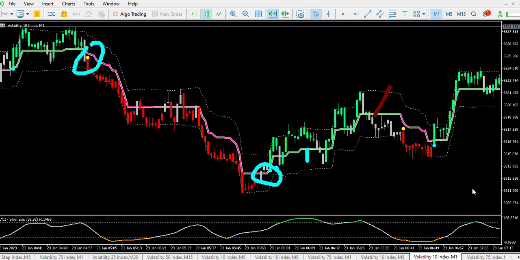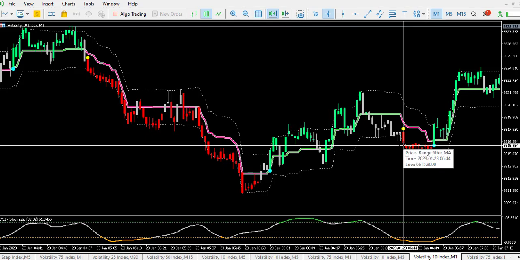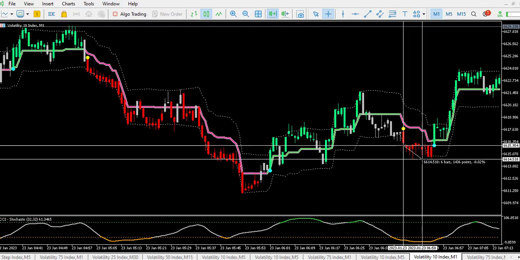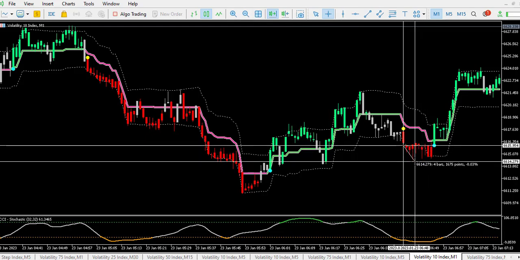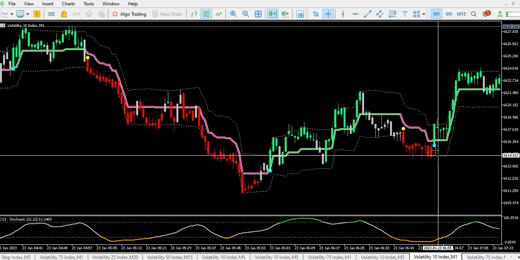I make sure, number one, that this particular indicator turns to red here, and we have this ball for it. So at this particular point, that's the best point to enter at the close of this candle, to enter sell, and this gave us a profit also. And for buy, this is the best point also to place a trade.